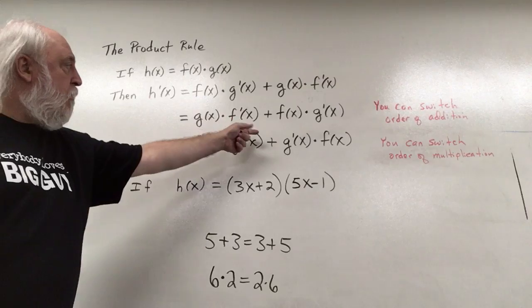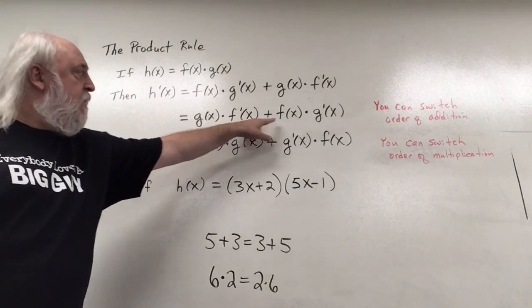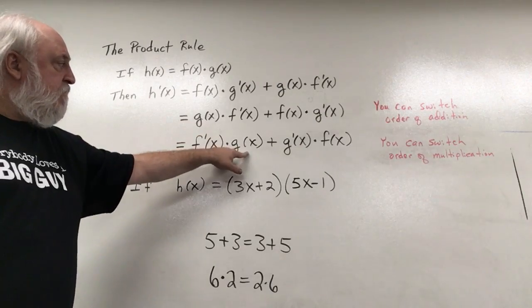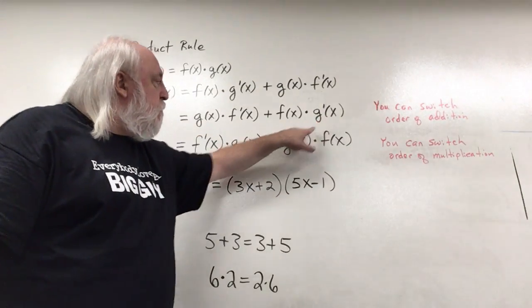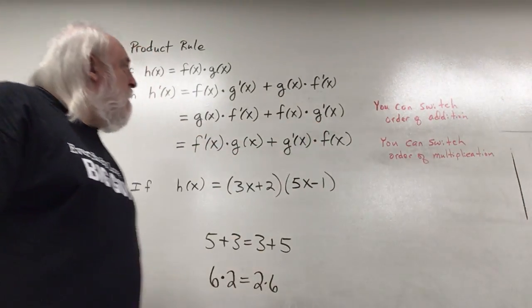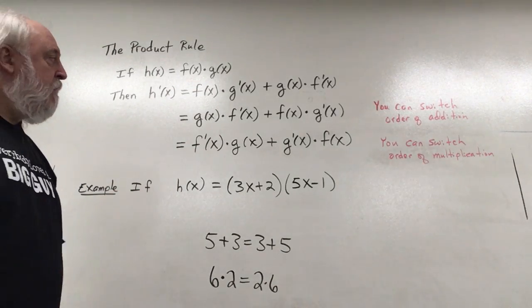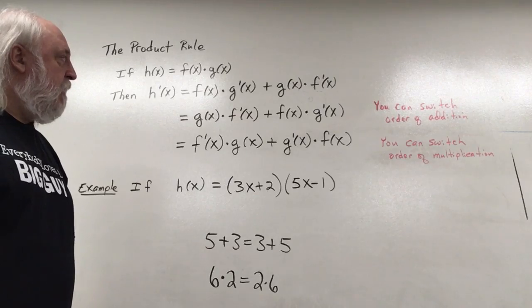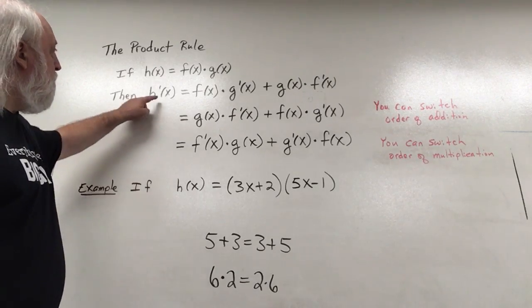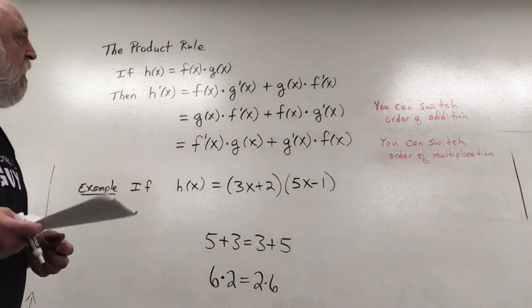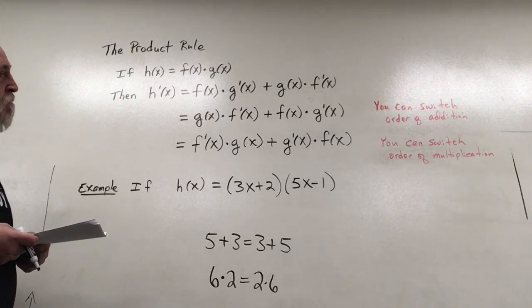When we switch the order of multiplication in these two terms, we have f prime of x times g of x and g prime of x times f of x. So these are three possible representations, switching the order of addition and multiplication, of the derivative of the product of two functions, f of x and g of x.